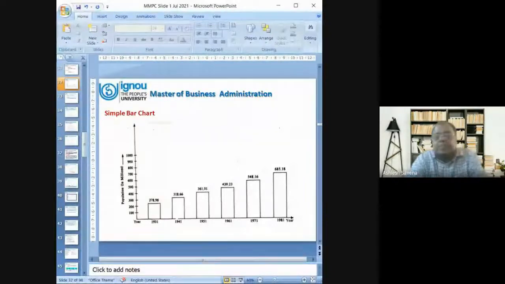Now, how does a simple bar chart look? You might have seen it somewhere.